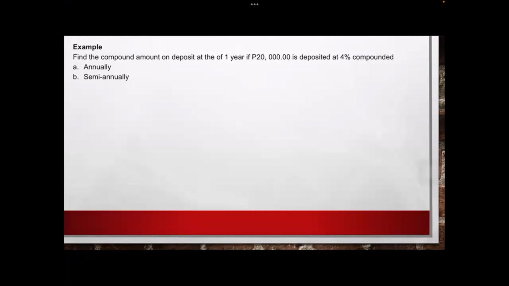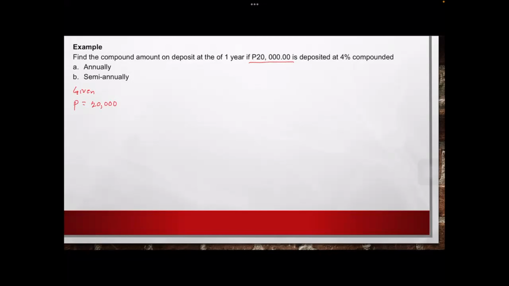Okay, so example, we have: find the compound amount on deposit at the end of 1 year if 20,000 is deposited at 4% compounded interest. Compounded, letter A is annually, letter B is semi-annually. So, given natin, sabi dito, we have here the 20,000. So, that is the P, the principal.